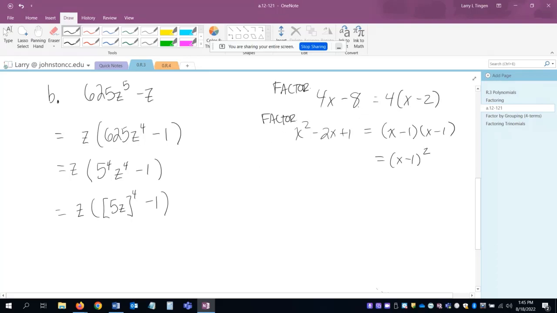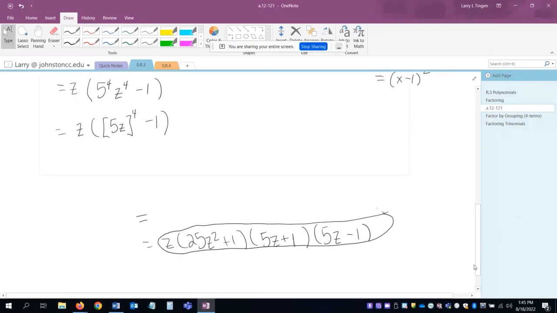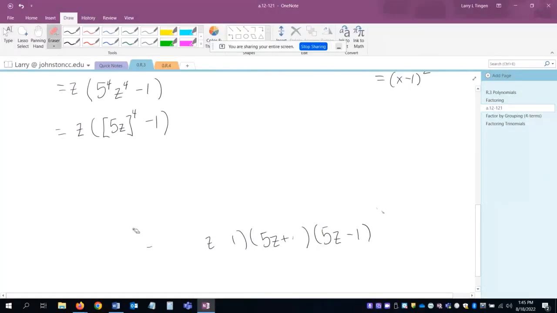And then I said I want to make this look like a squared minus b squared, right? I want this to look like the difference of perfect squares, okay?